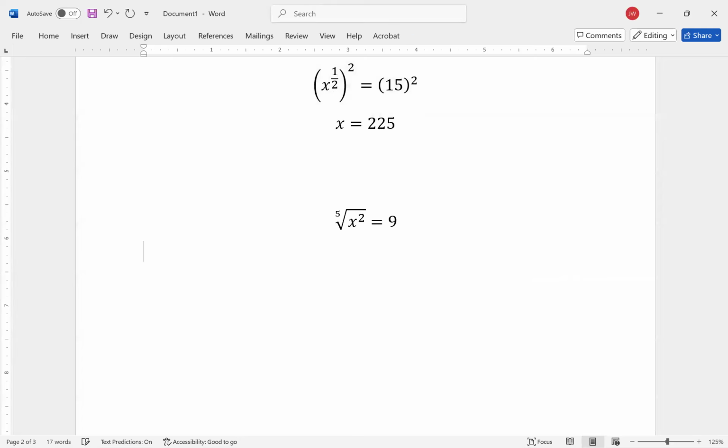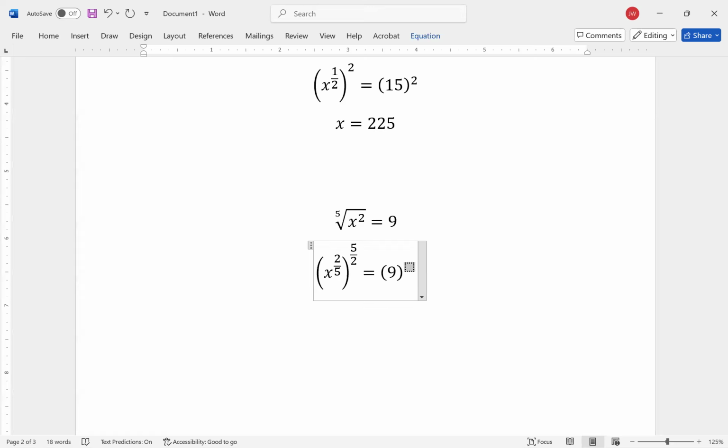So the last one is maybe the most interesting one. On the left-hand side, this is x raised to the 2/5 power. So if I'm trying to undo that 2/5 power, I'm going to raise both sides to the 5/2 power. 2/5 times 5/2 gives me 1.